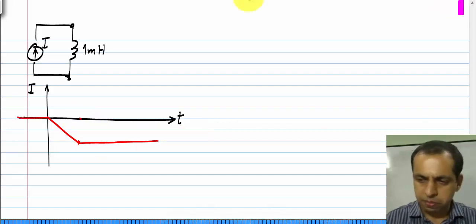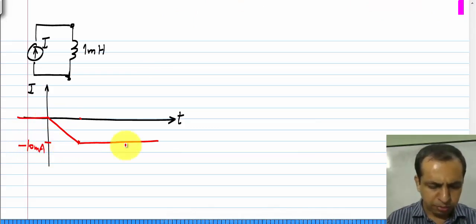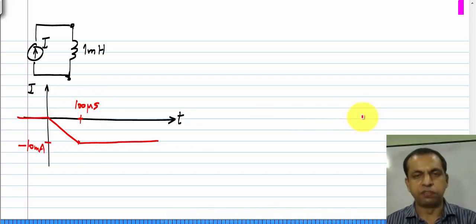Okay. So, let me say that the current changes from 0 to minus 10 milliampere over an interval of 100 microseconds, and it stays at minus 10 milliampere after t equals 100 microseconds.